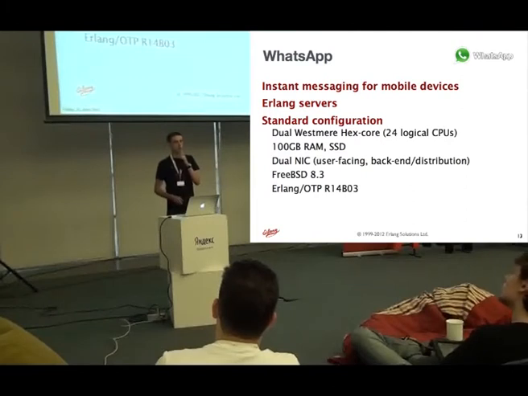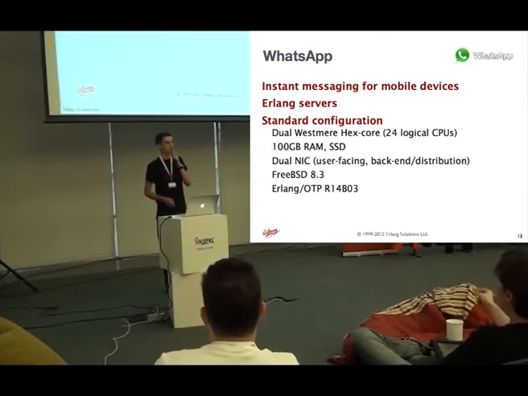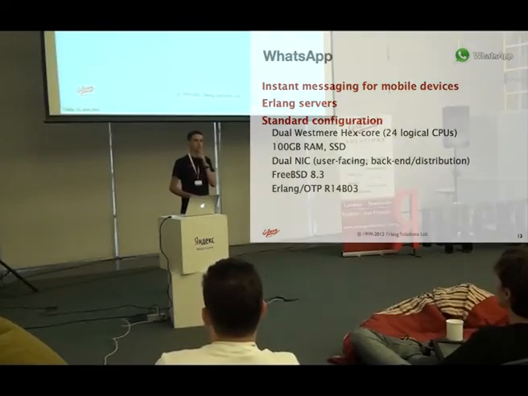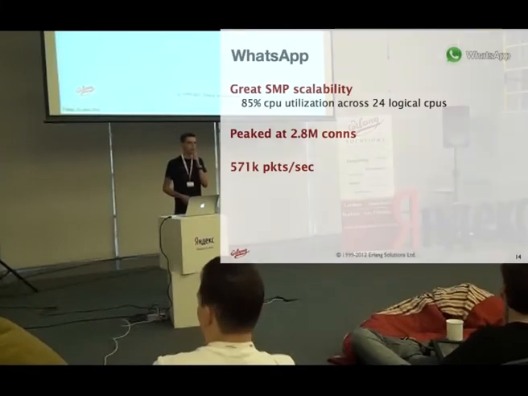We are talking here about quite modern hardware with 24 logical CPUs, a lot of RAM, as you can see. And those are the numbers that they shared with us a few months ago during the Erlang Factory in San Francisco. Almost 85% CPU utilization across all 24 logical CPUs.